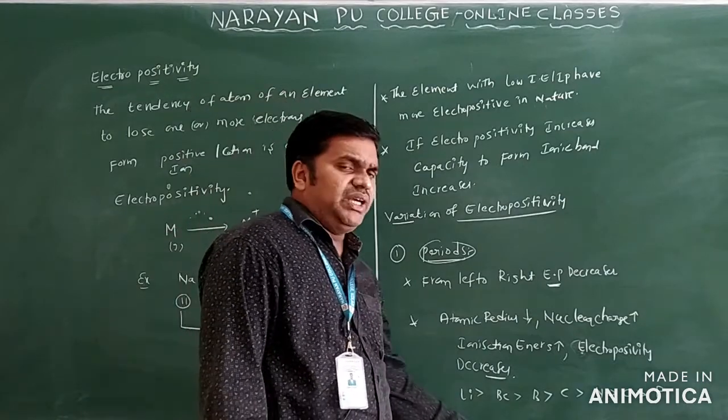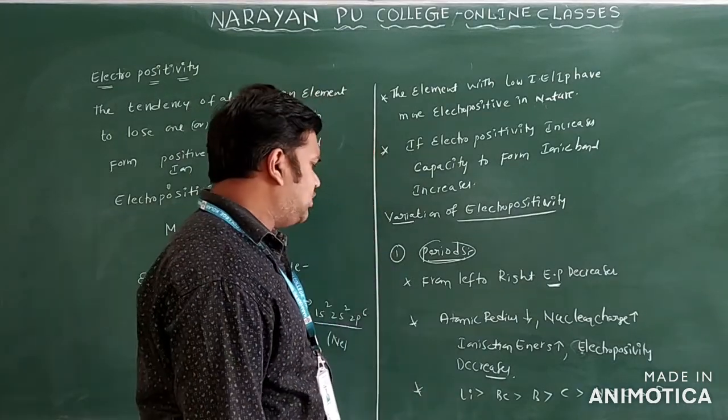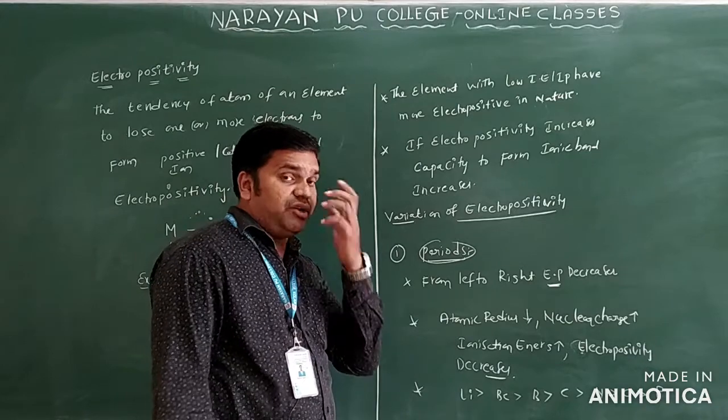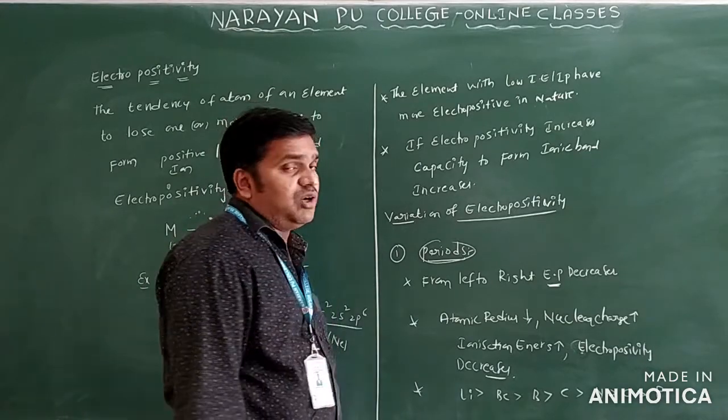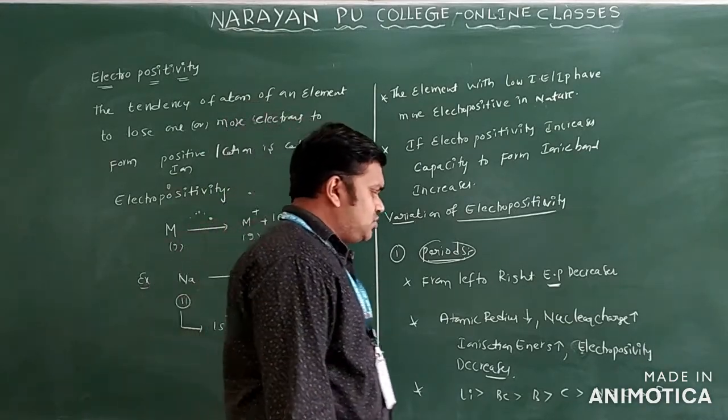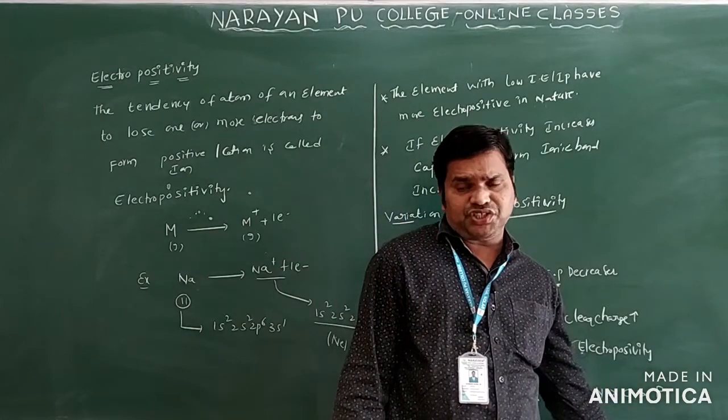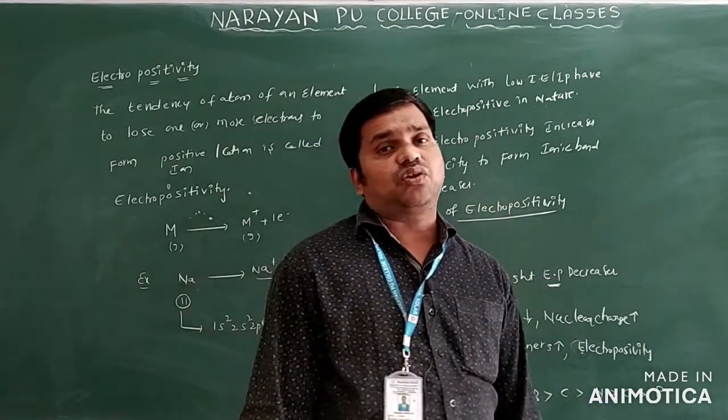But you can see some of the metals are there and non-metals are there, so this is the order. In every period, alkali metals have the highest electropositive nature, and fluorine is the least electropositive in nature.